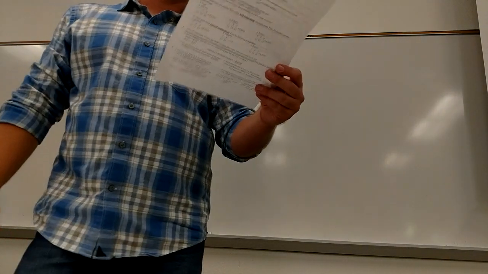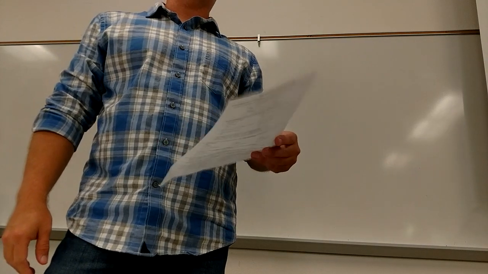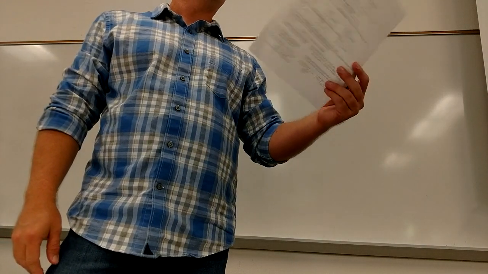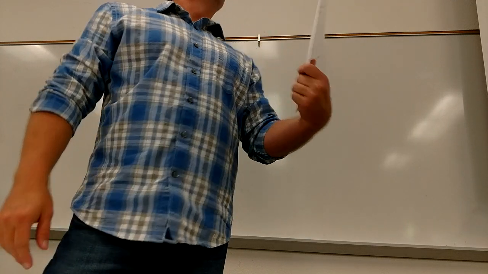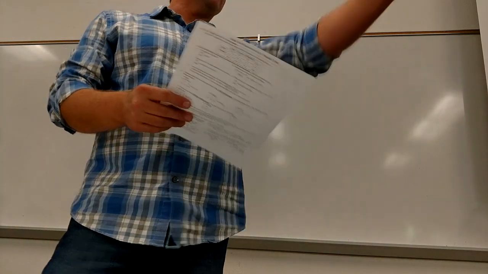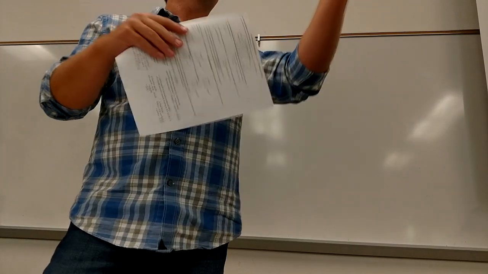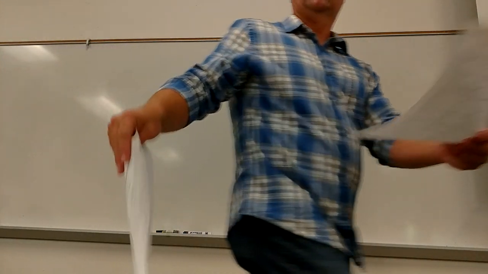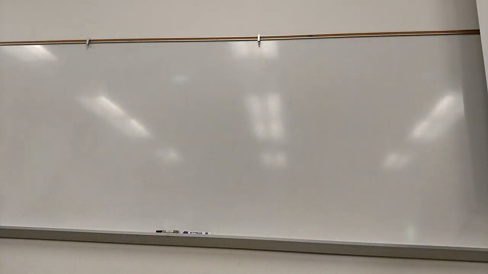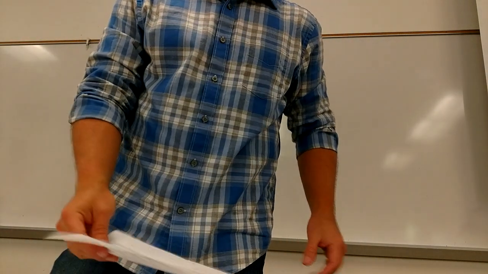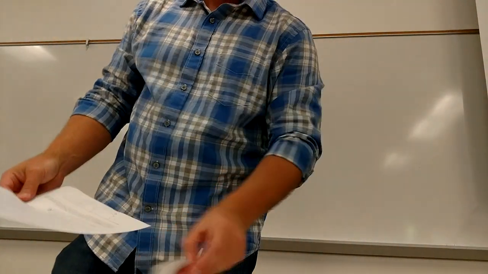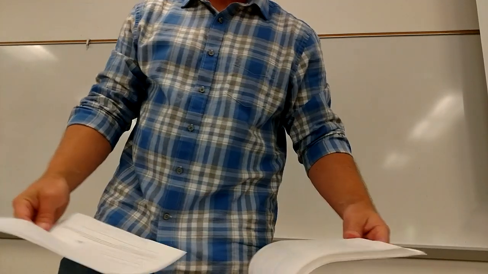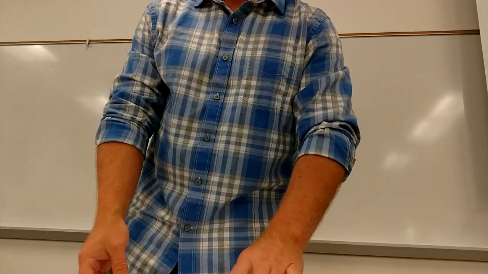The one about smoking San Diegans. On the other side it says section 4.3, binomial probability. We did it last time, remember? So that was from section 4.3.